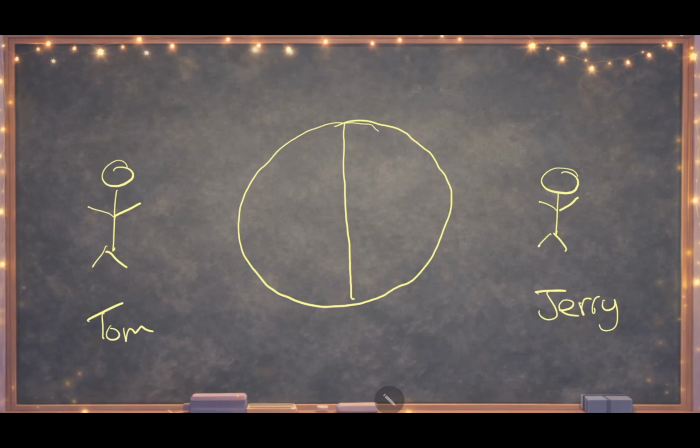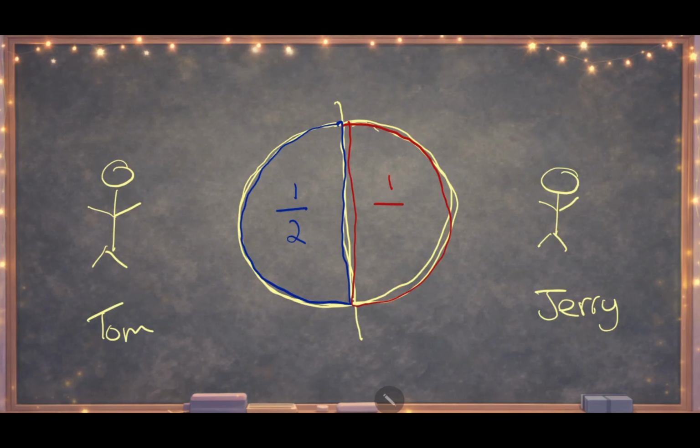We have Tom and Jerry again. This time, they are sharing a giant pie. This is 1 whole pie. And from the picture, we can say that Tom is going to have 1/2 of the pie. And we can tell that Jerry is also going to have 1/2 of the pie.